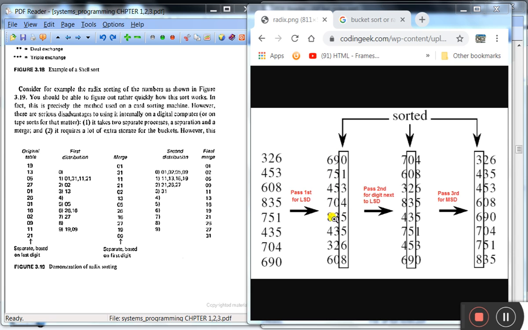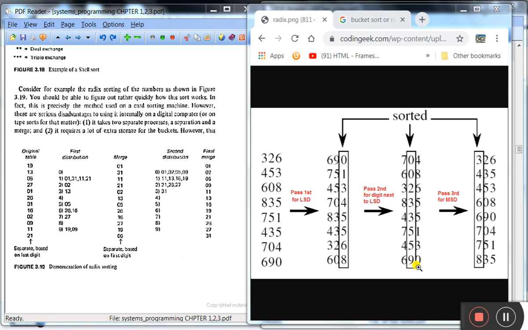We check for 1, not there. We check for 2, 326 is kept. We check for 3, 835 and 435 are kept. We check for 4, not there. We check for 5, 751 and 453 are kept. We check for 6, 7 and 8, not there. We check for 9, so 690 is kept.